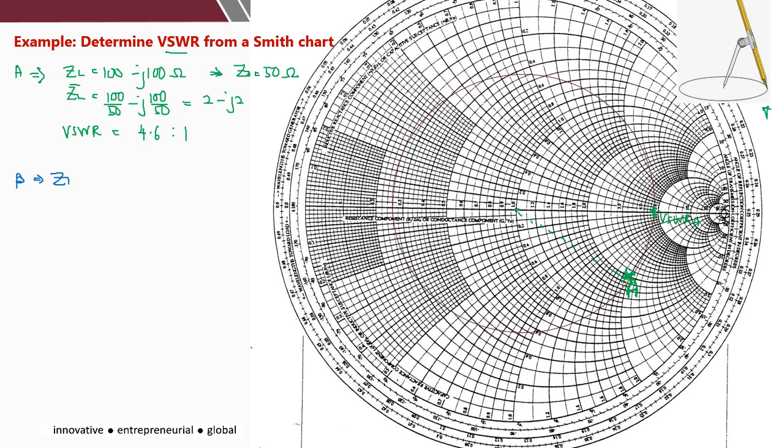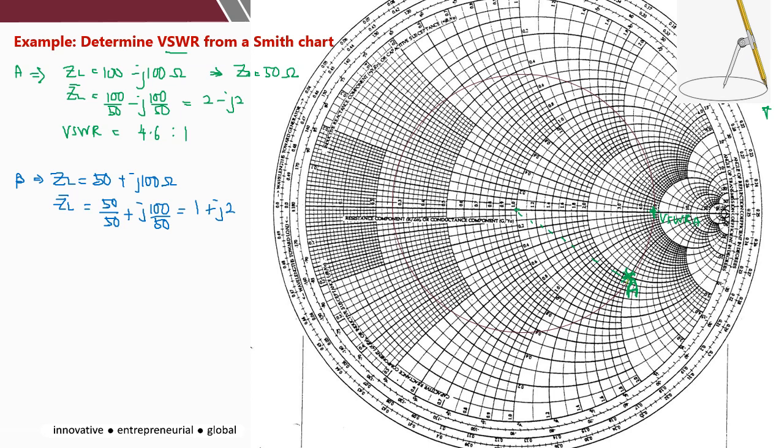So given ZL equal to 50 plus j100 ohm. So the first step to find VSWR, find and plot the normalized Z. So 50 divided by Z0 plus j100 divided by Z0 is 1 plus j2.